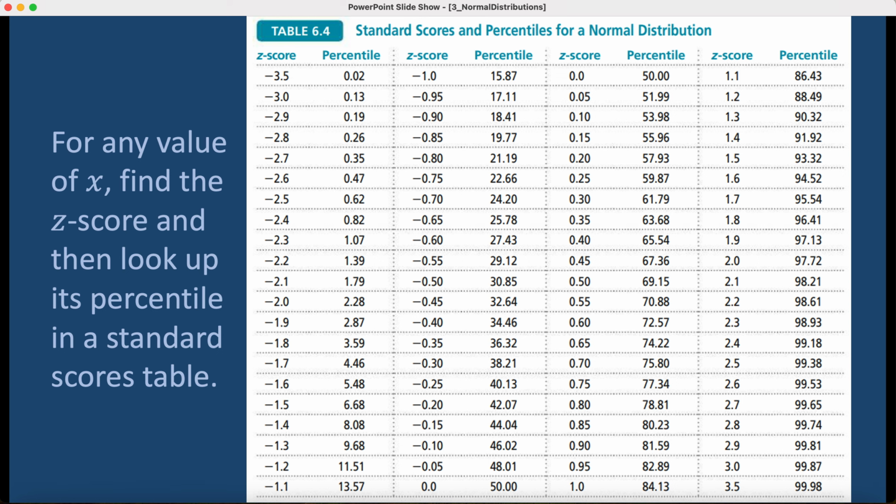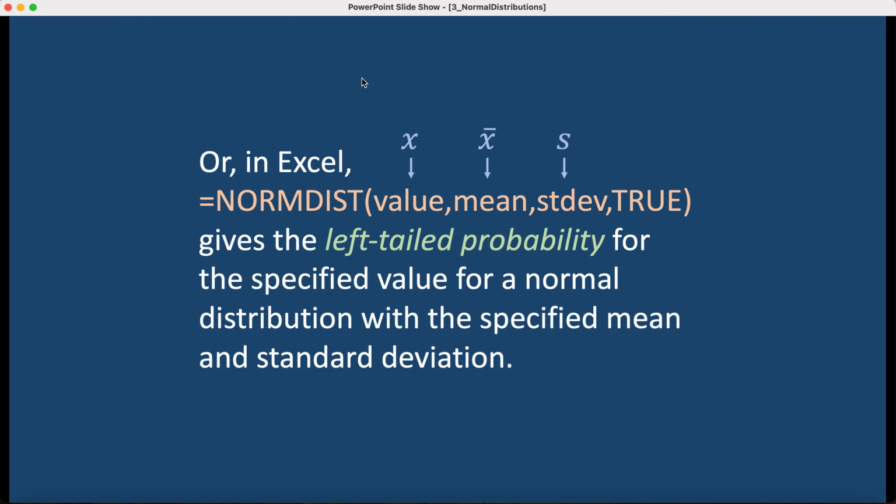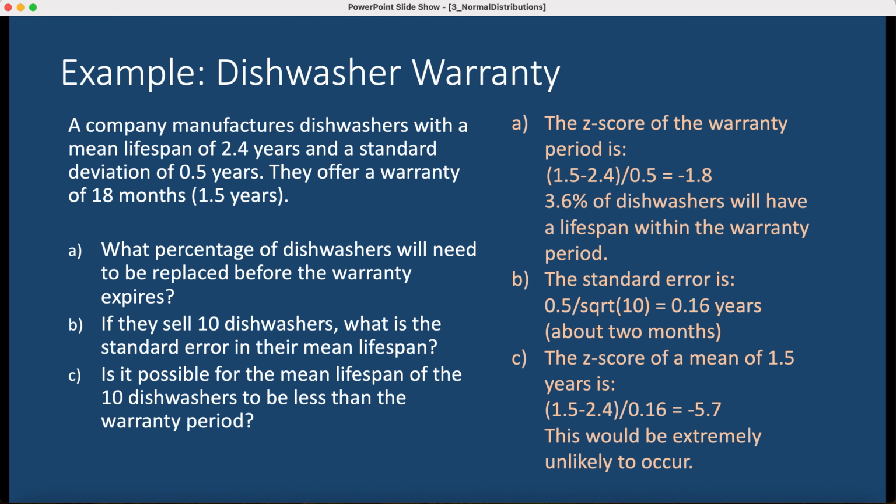And that's a percentile of 0.02%. So the likelihood, if you have 10 dishwashers, that the average dishwasher in your sample of 10 won't last 1.5 years is almost zero. Almost no likelihood that will happen. We can't even find it on the table, so it's less than a 0.02% chance of that happening.